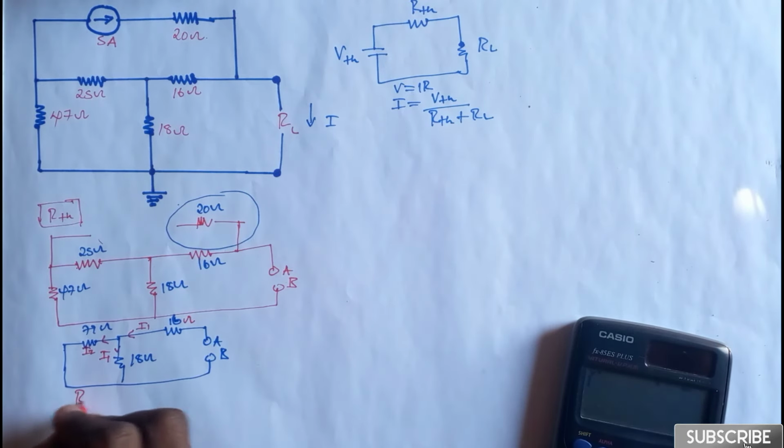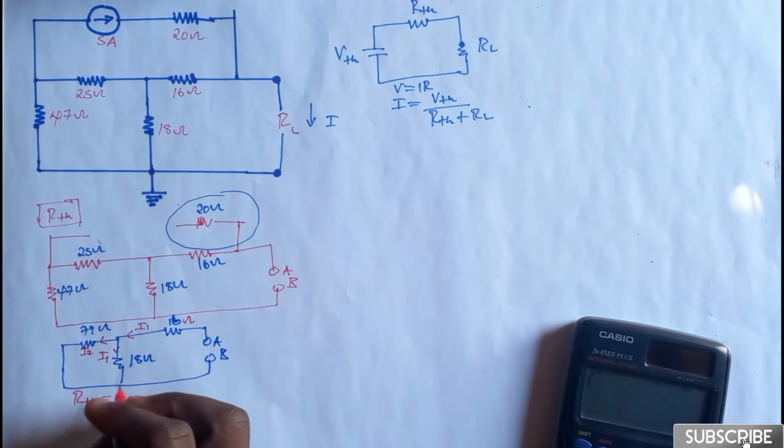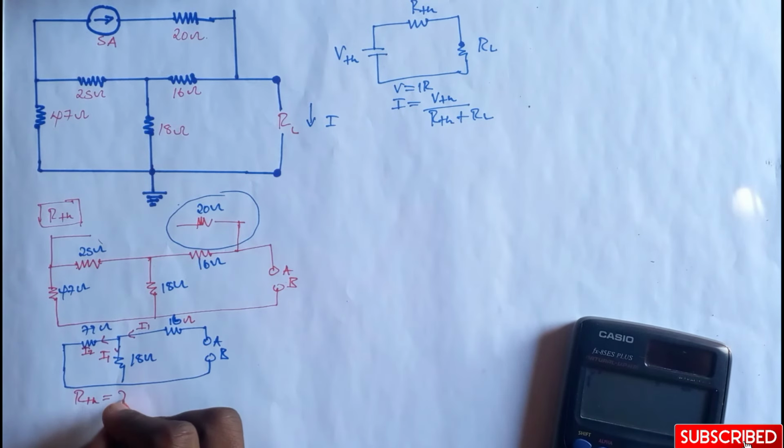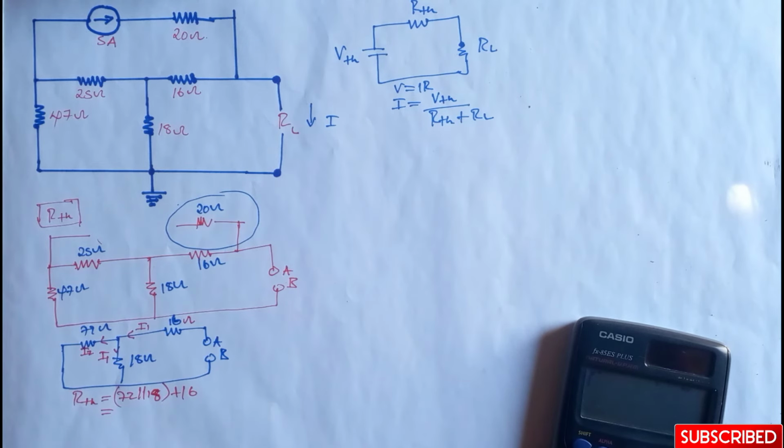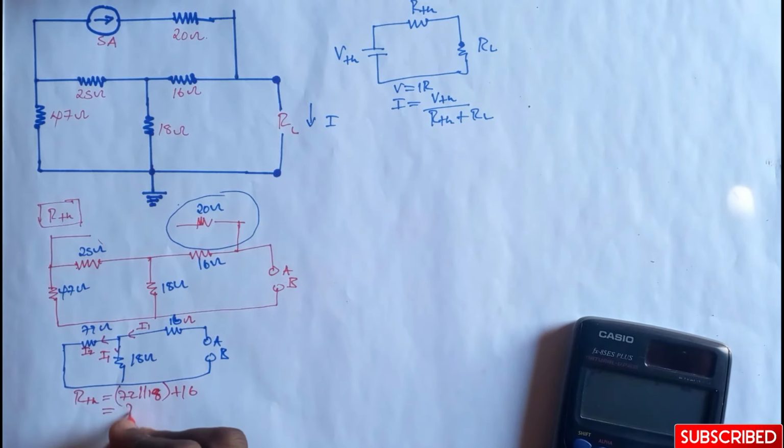To calculate the Thevenin equivalent resistance, 72 is in parallel with 18, but those two resistors together are in series with the 16 ohm resistor. If resistors are in parallel, the equivalent resistance is product over sum. So it's 72 times 18 divided by 72 plus 18, plus 16.